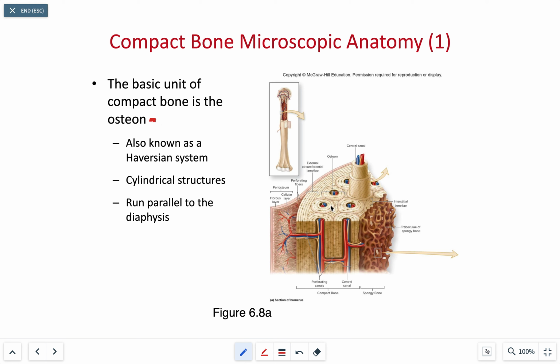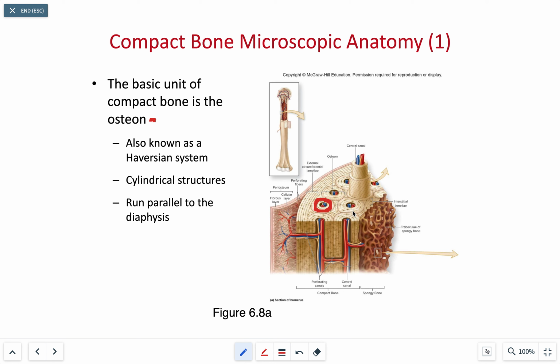So we have a concentric ring formed around a central canal. In this central canal, we have the arteries, veins, and nerves going up through it, and all the osteocytes are laid down in concentric rings around the central canal.